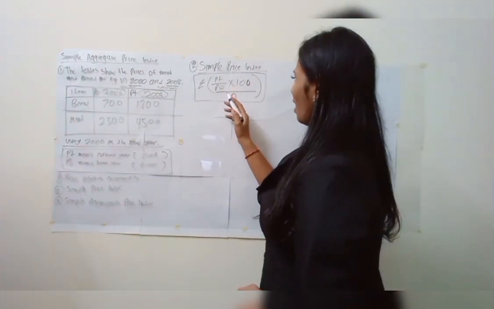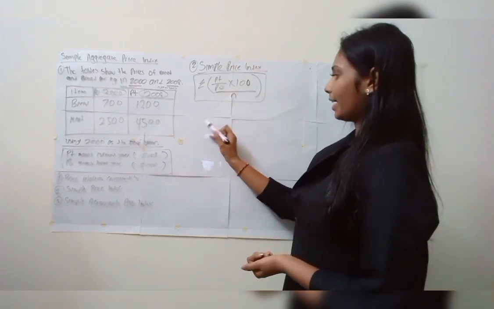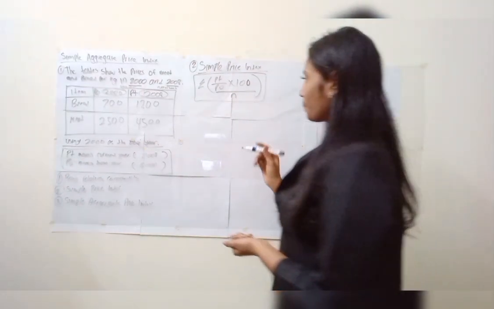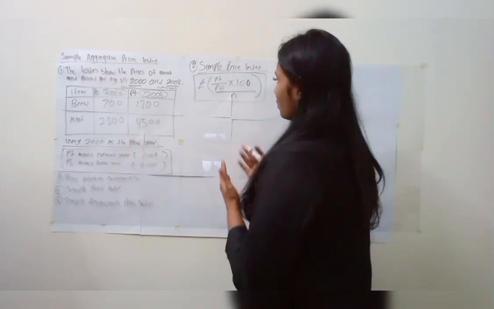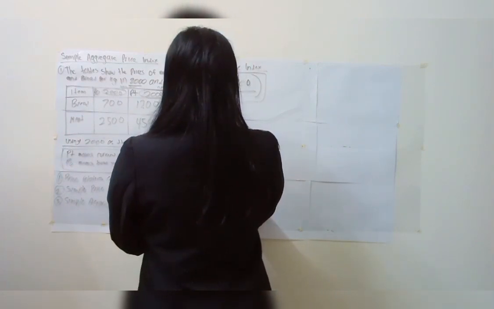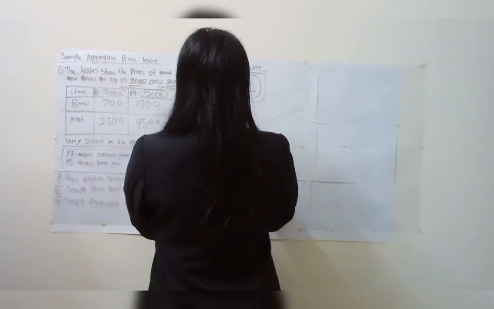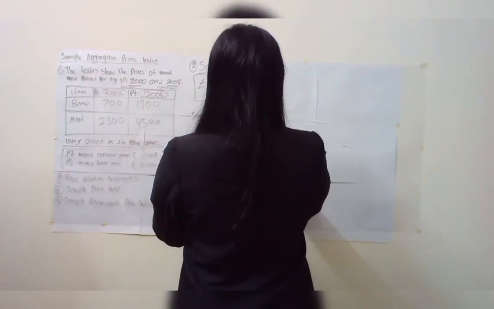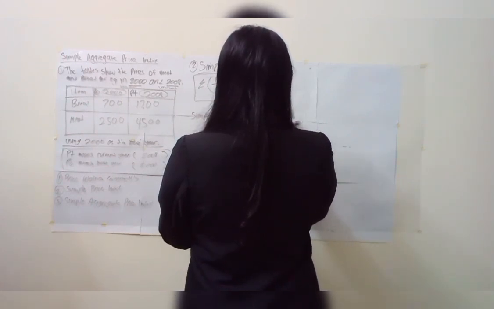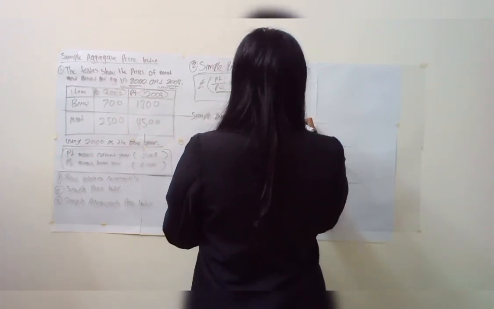What is n? Once we get the answer, later I will explain what n is. Let's do it. Simple price index equals 171.4245 plus 180, divided by 2, times 100.